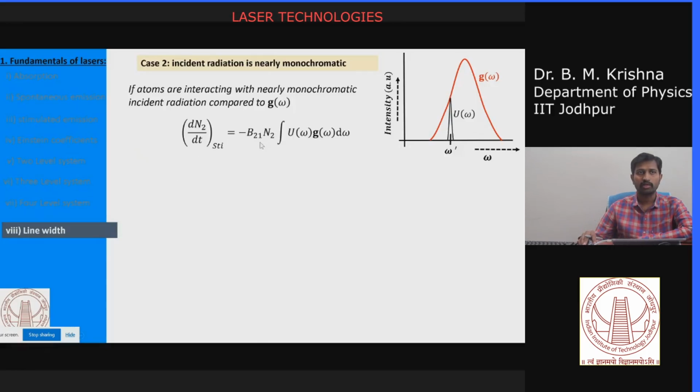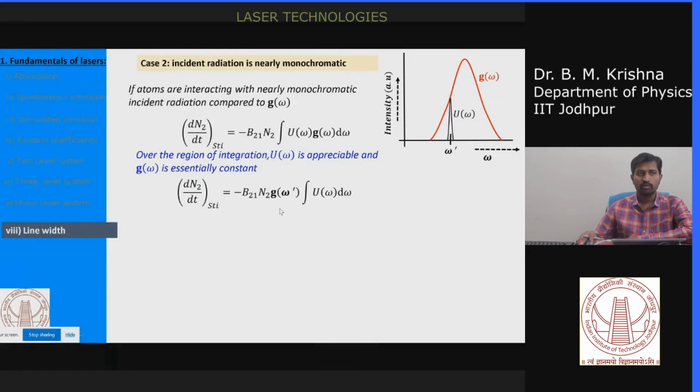That equals minus B21 N2 times the integration of U of omega g of omega d omega. Though the atom has a distribution g of omega, you don't have those many frequencies in your input radiation. So your input radiation is nearly monochromatic, which means only the U of omega region is your region of interest. So your g of omega in this region is almost constant, and you can take it out of the integration.